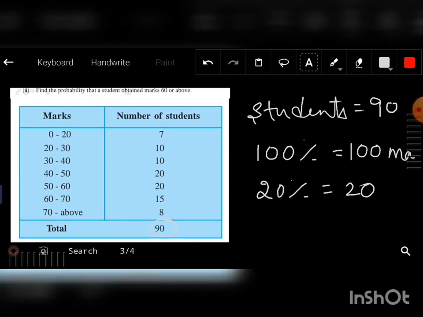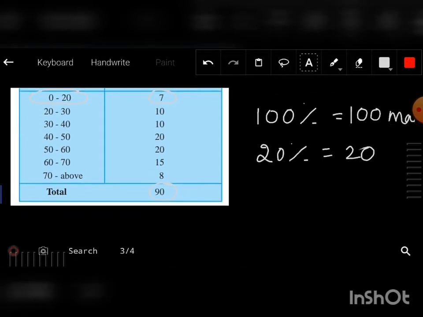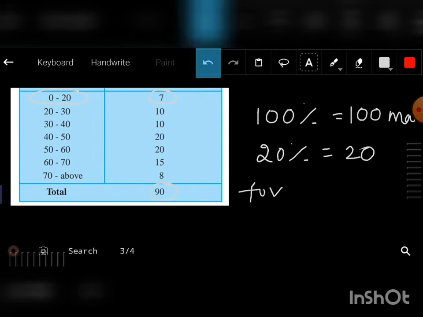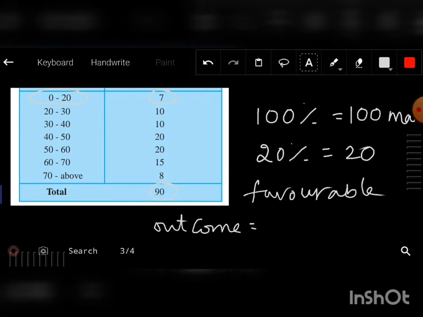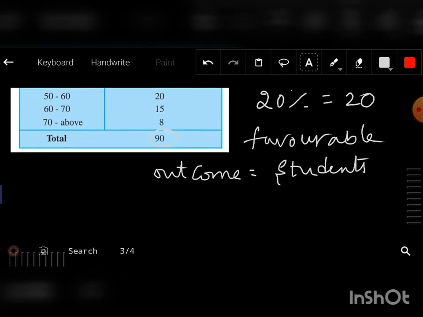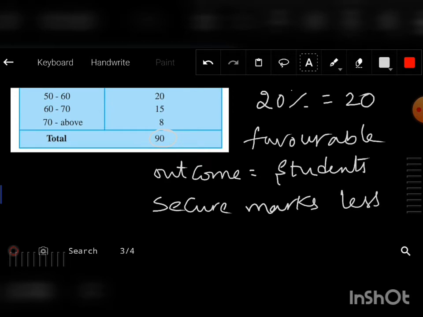Here you can see the students who secure marks between 0 and 20 are 7. So favorable outcome equals students who secure marks less than 20%.